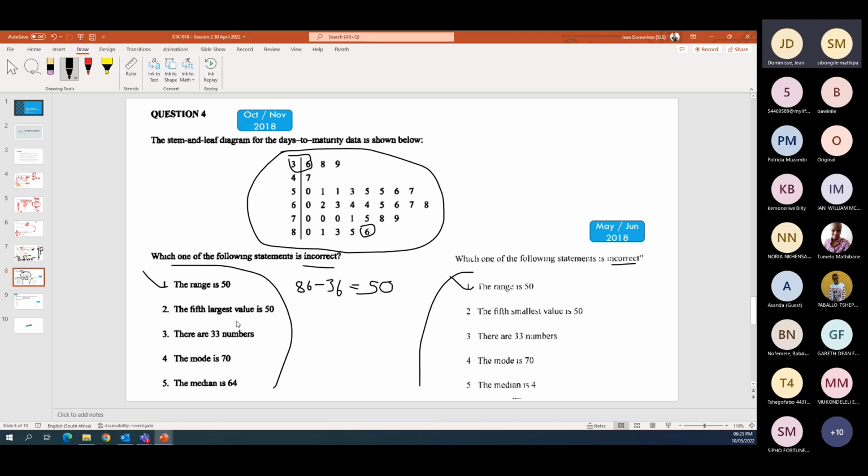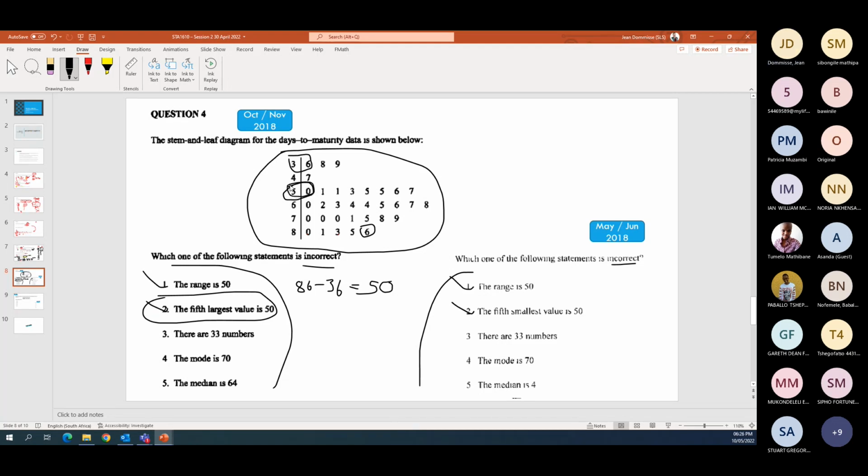The fifth largest value is 50. Let's look at the data set. The fifth largest is 1, 2, 3, 4, 5. So the fifth largest value is 50. Oh, okay, now I made a mistake. The fifth smallest value is 50.